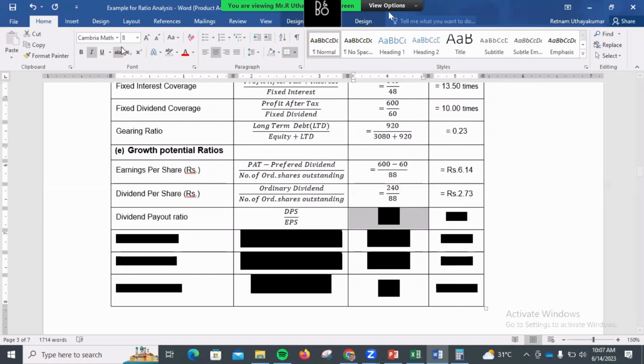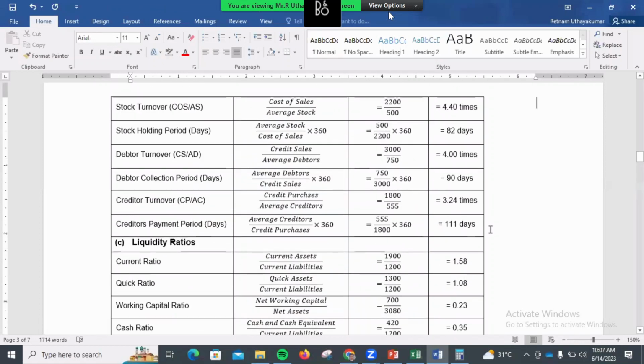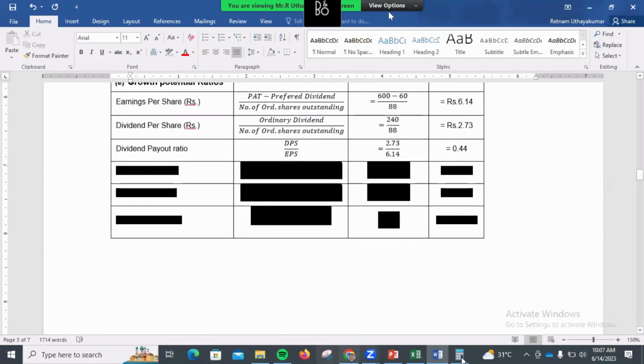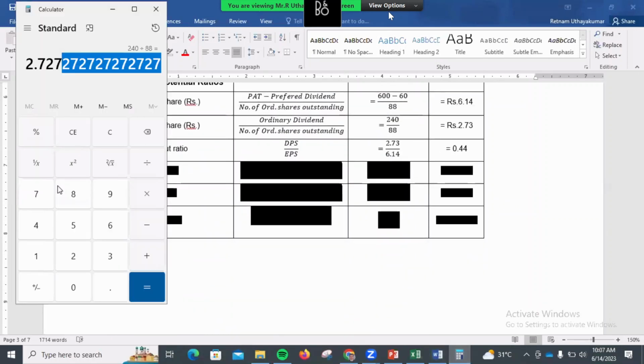So you can easily substitute it and get the result, 0.44. Why do you get 0.44? When you are checking up to this level, the third four is to be neglected. So the remaining should be taken as 0.44.